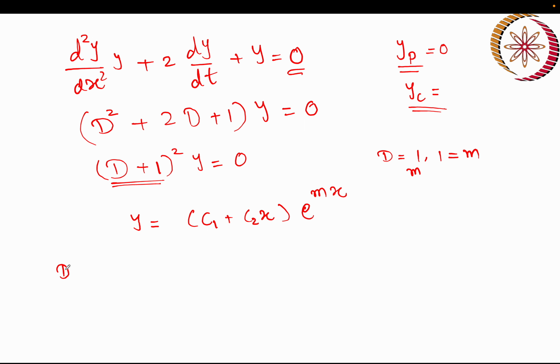So here you can start with D plus 1 and D plus 1 applied to y, equal to 0. You can consider this whole term as z, equal to 0, and now you can use that equation to solve for z, and once you have the solution, put it back, use this expression for z and then solve it again. So yeah, you can try it out.